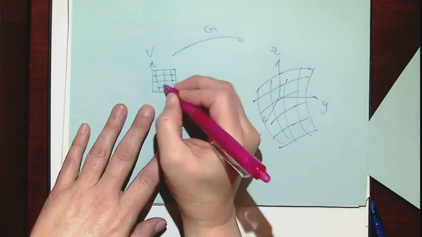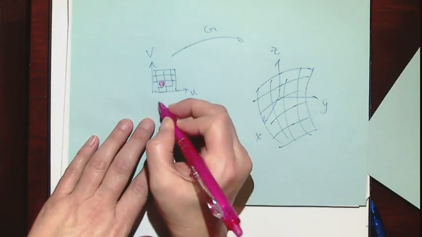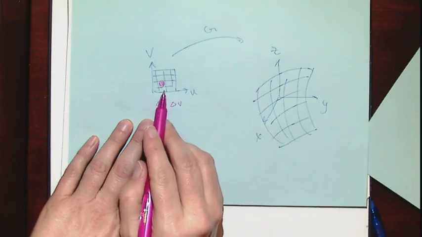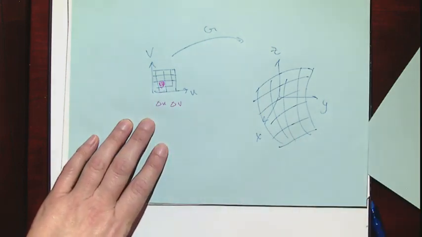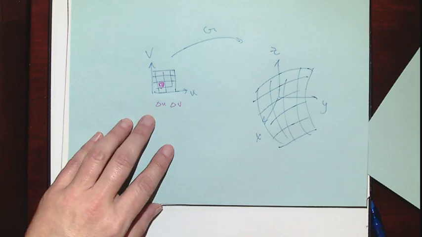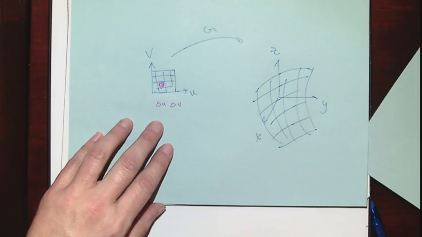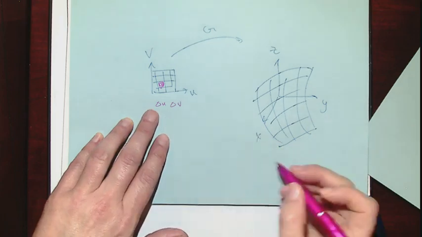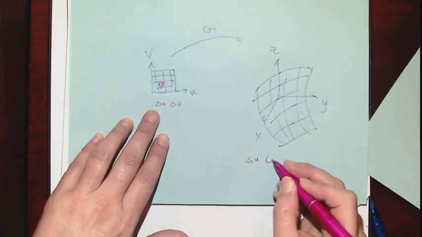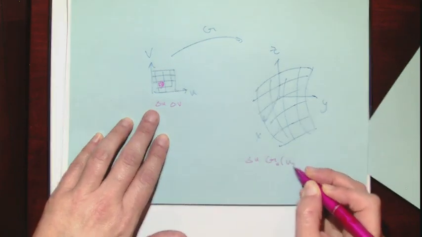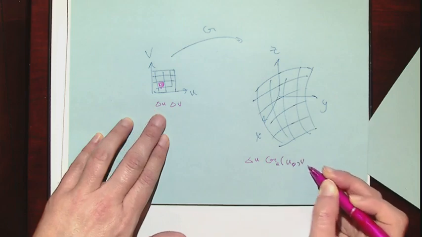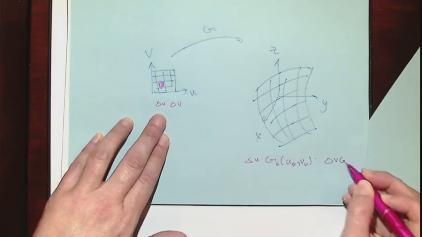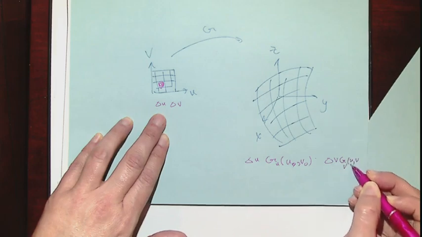Every little delta U, delta V in here is going to be stretched out exactly the same way that we got it stretched out in transformations. What was the stretching factor there? Delta U would become delta U G sub U at the point, right? And then delta V becomes delta V G sub V at the point.